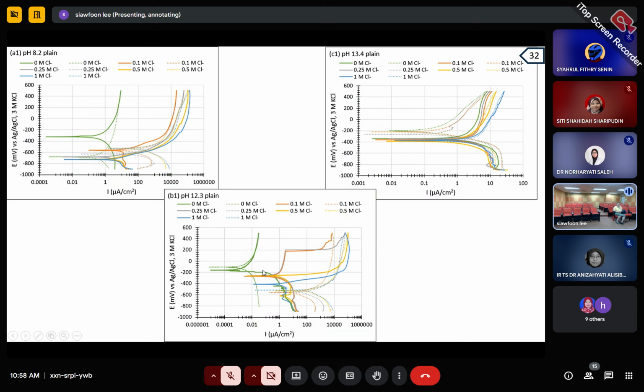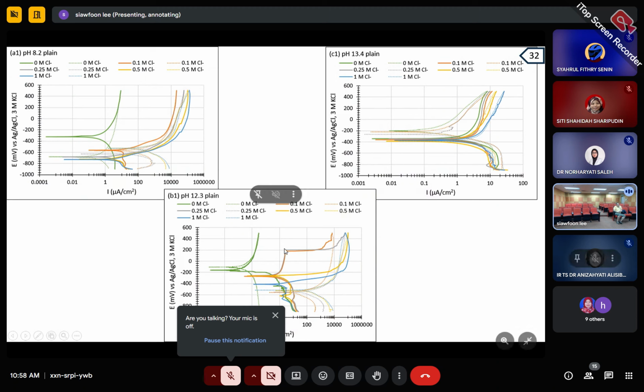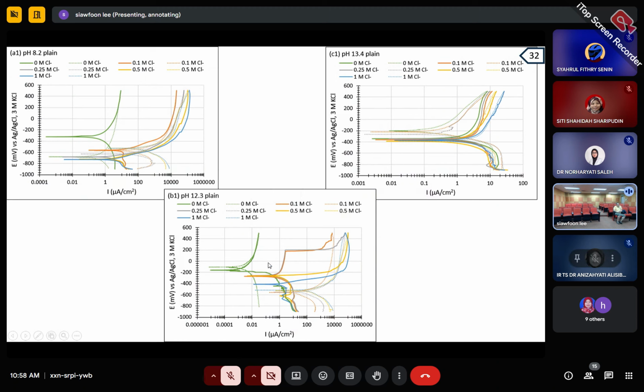Even though you apply this range of potential, which starts from negative 200 to 200, you can see that the corrosion current doesn't increase. They still stay somewhere between 1 and 2. So what is the reason for this?